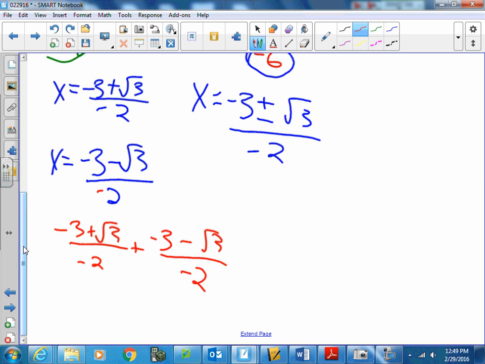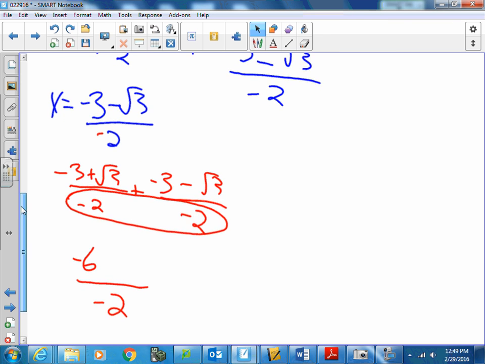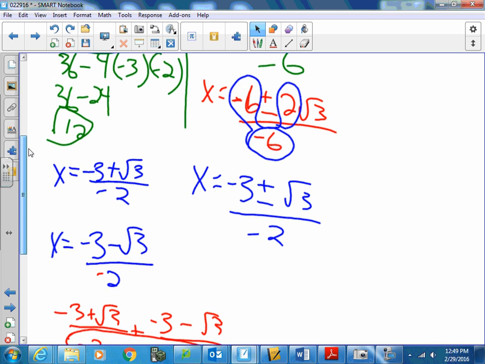So what you're going to have then is, now you have the same denominator, so you can just add your numerators up on top of one common denominator. So we're going to have negative 3 plus a negative 3, which is negative 6. Although, I think I made a mistake somewhere here, so let's go back and find it.